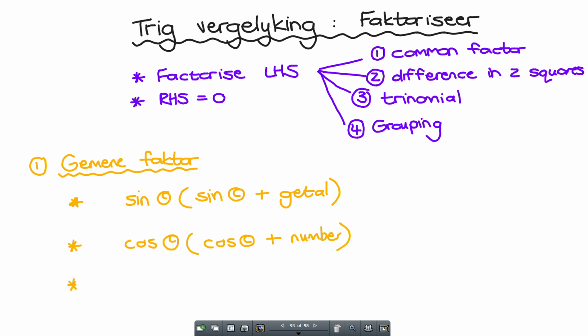It is also possible that if I took out sin theta, you have sin theta plus, and you saw in the previous one, there can even be cos theta as well. Remember? We had one like that just now. Okay, so that is when we do common factor.